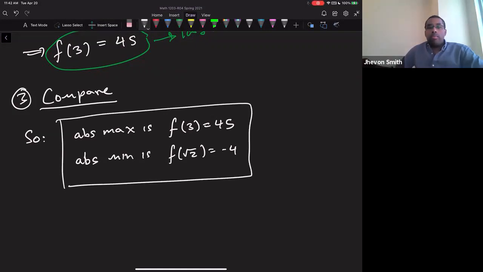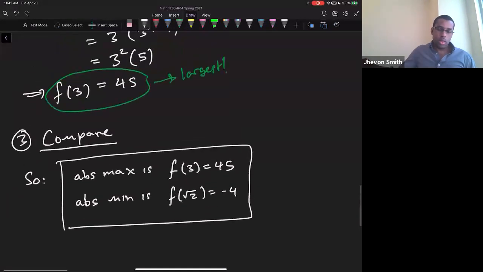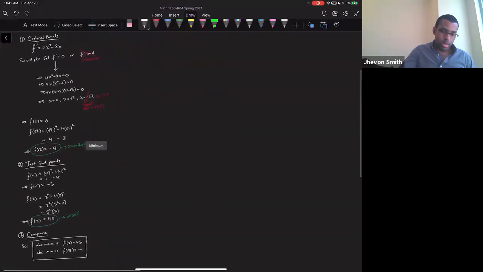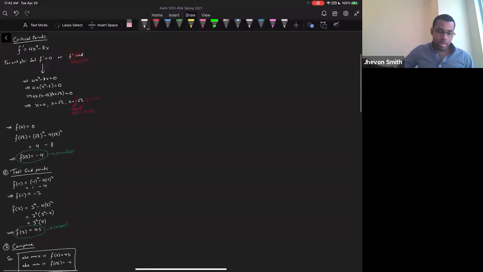And that is your answer. Okay, so that is the process, a 3-step process. That's everything if you can read that. You find the critical points, you test the endpoints, and then you compare.